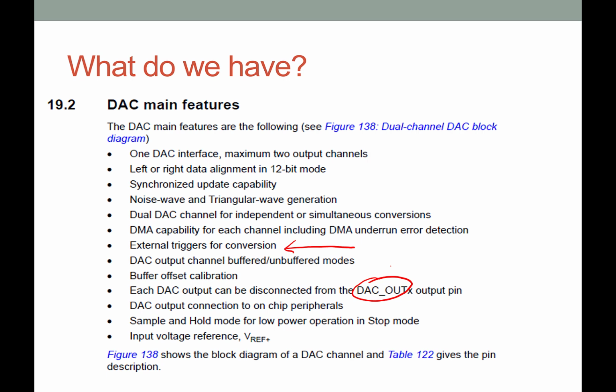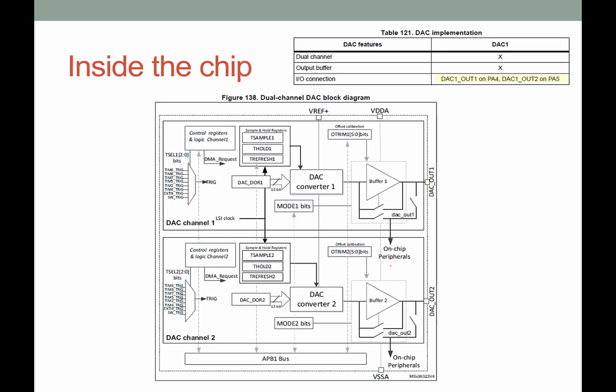And here is the following block diagram for our converter. So here you can see the converters, and the different ways. It talks about the timers that you could use to trigger, and also the direct memory access controller.